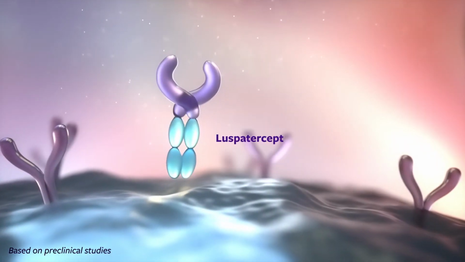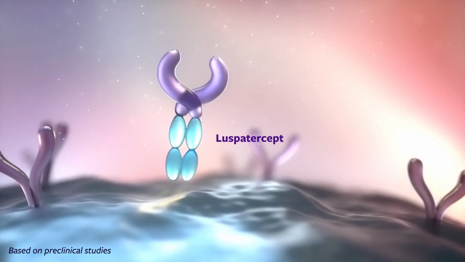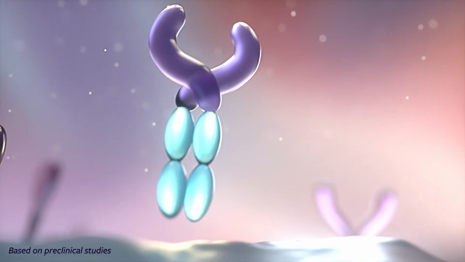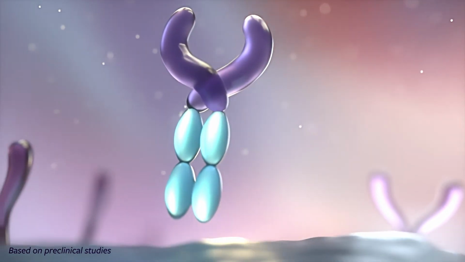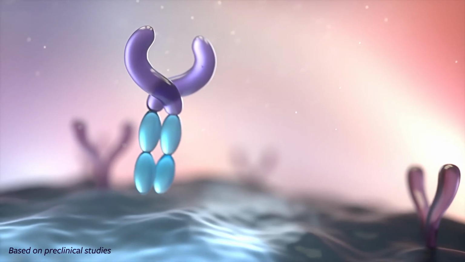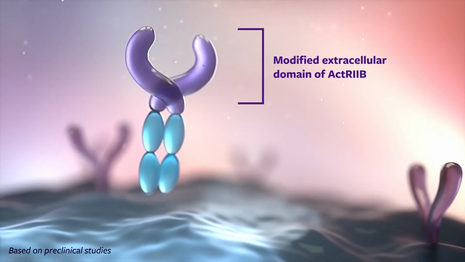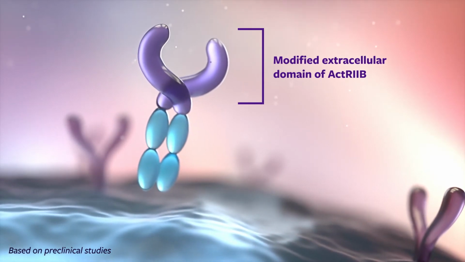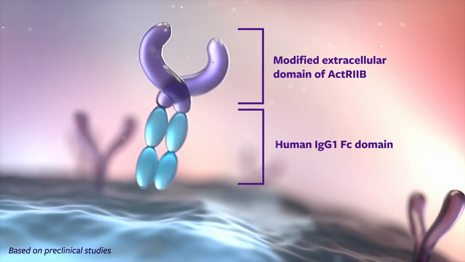Luspatercept promotes erythroid maturation through differentiation of late-stage erythroid precursors, also called normoblasts, as shown in animal models. Luspatercept is a recombinant fusion protein composed of a modified extracellular domain of activin receptor type 2B that is linked to the Fc domain of human immunoglobulin G1.